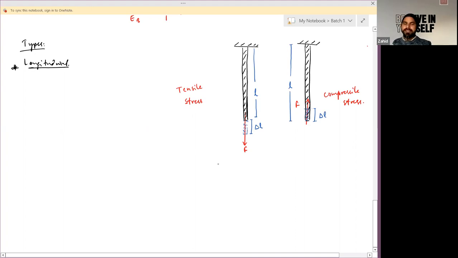So first, tensile stress. The amount of deforming force per unit area to elongate it is called tensile stress.